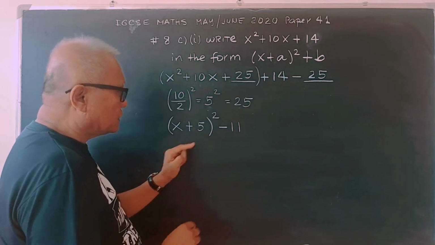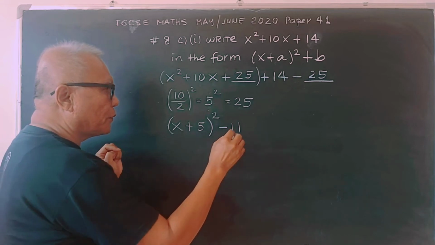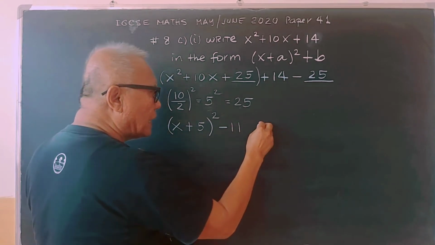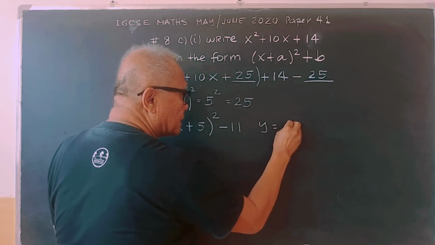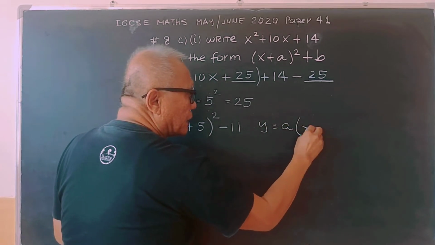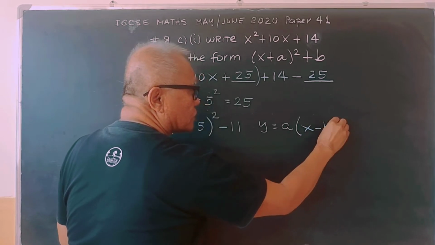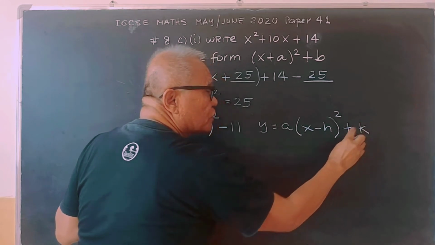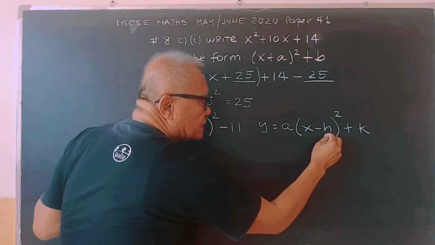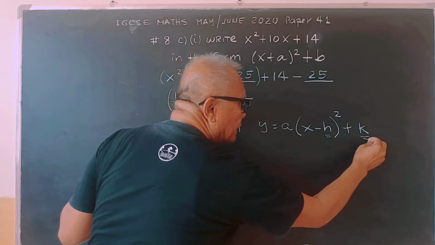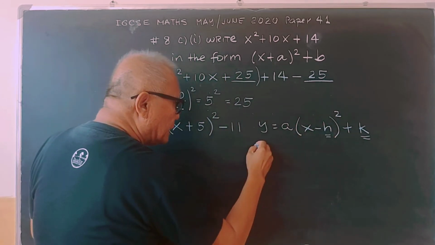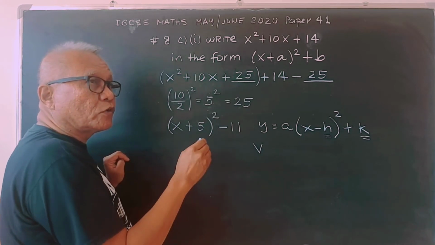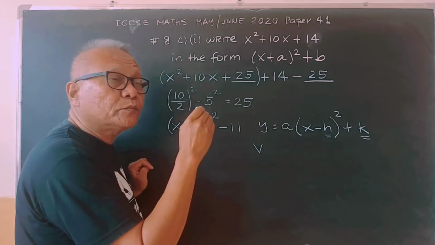So what is this one? What is the vertex form? The vertex form of our parabola is this: y is equal to x minus h to the second power plus the constant k. And what is this h and what is this k? This h and k are the coordinates of the vertex, or the coordinates of the turning point.